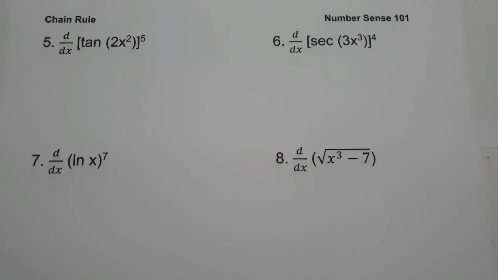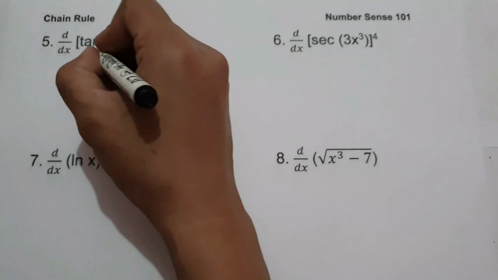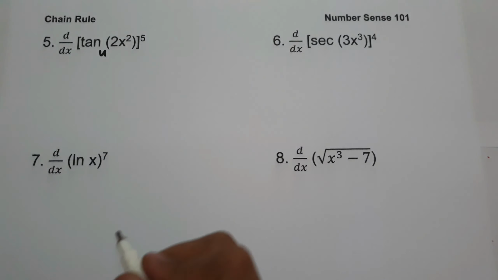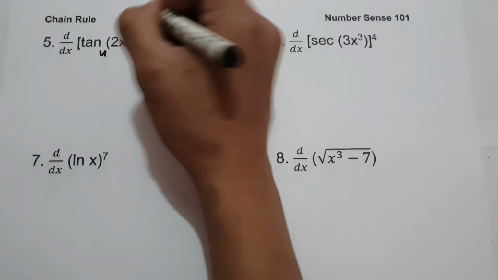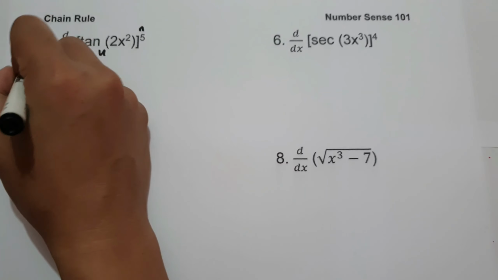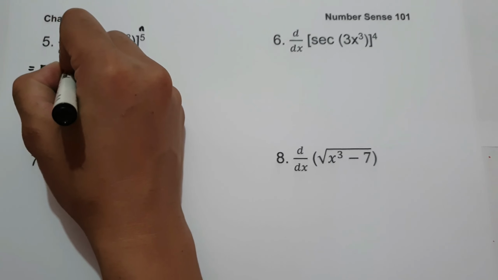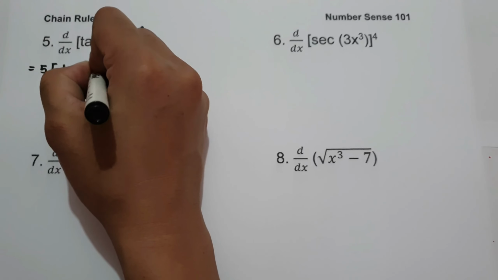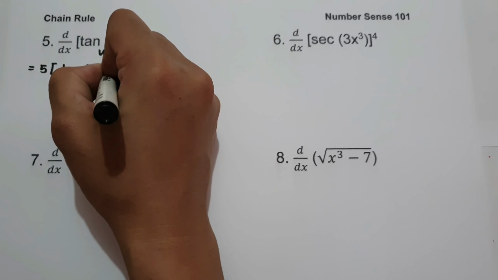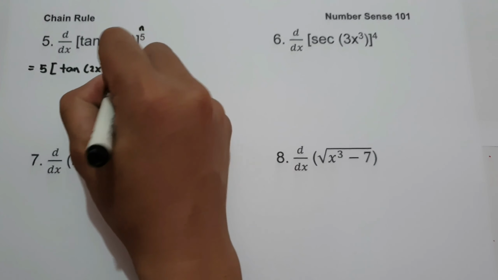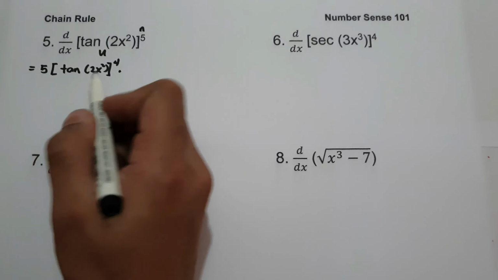On number 5, what is the derivative of tangent 2x squared raised to 5? So again, we have the value of u, that is tangent 2x squared, and the value of n, that is 5. So let us have 5 multiplied by tangent 2x squared, then 5 minus 1, that is 4, multiplied by the derivative of inside.